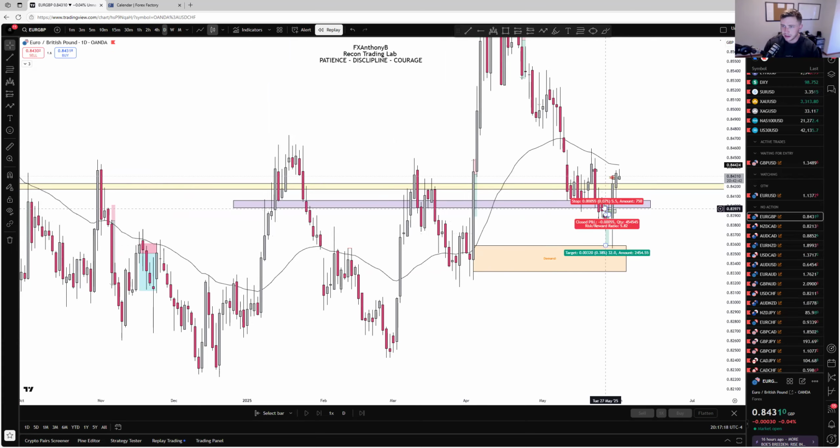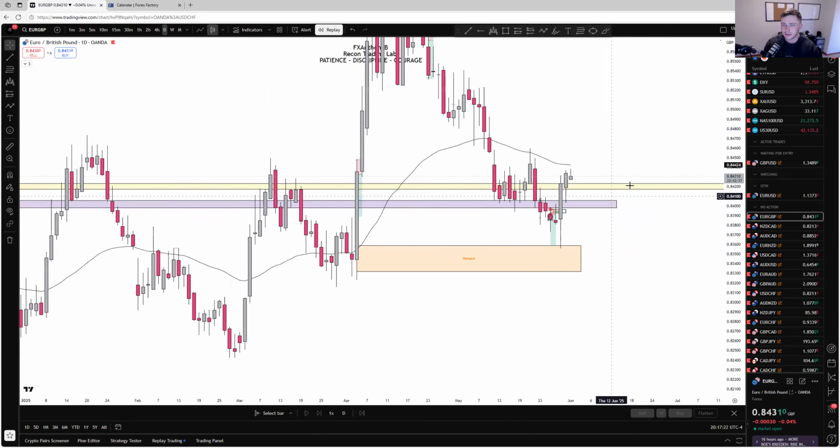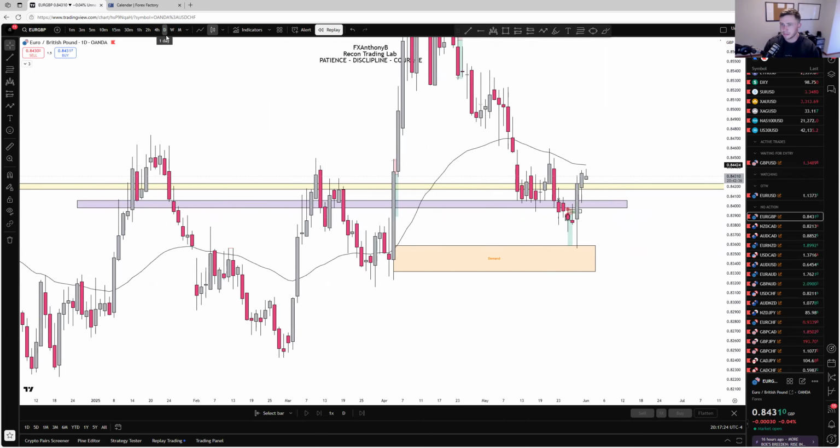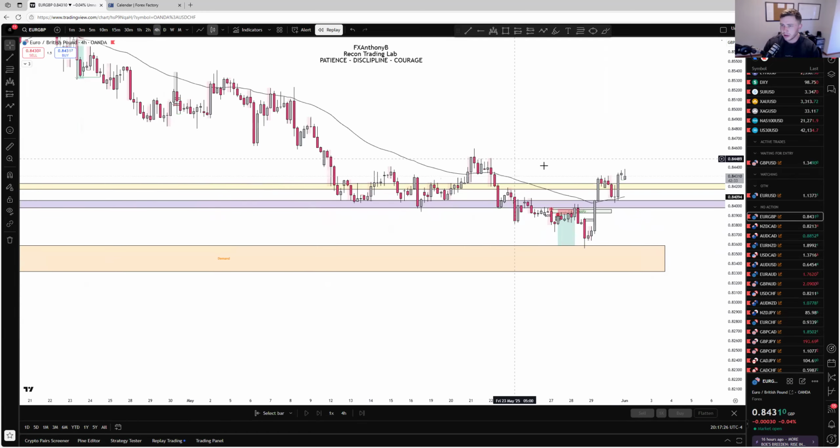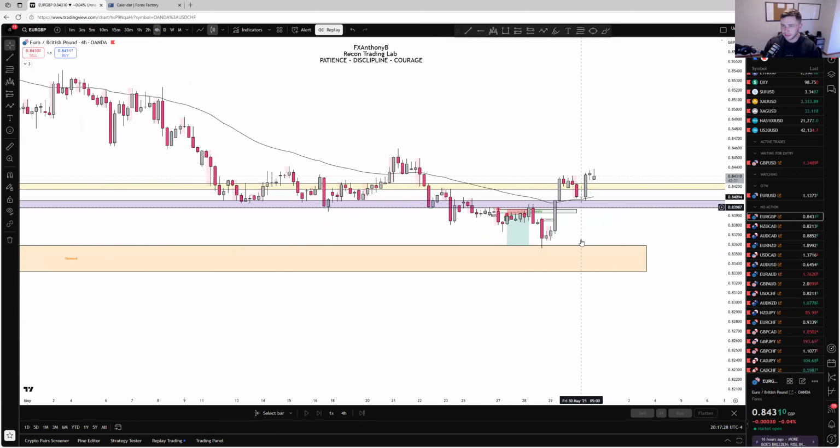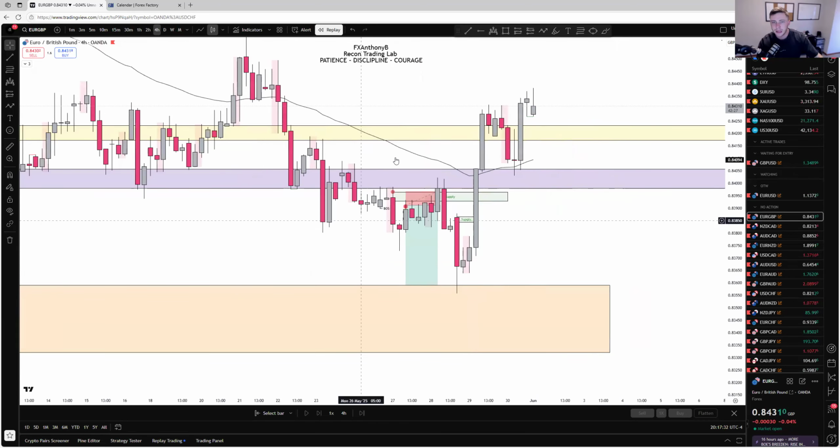That was a nice sell we got there too, wasn't it? So daily, I say daily's bearish. 4 hour is bullish. Here is that beautiful sell rejection. We actually got wicked out of this one last week. That's right. We took the sell on this trade off the supply zone, and then we got wicked out because it came back into our demand and then tapped our take profit.